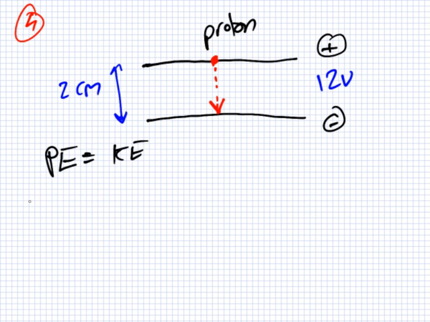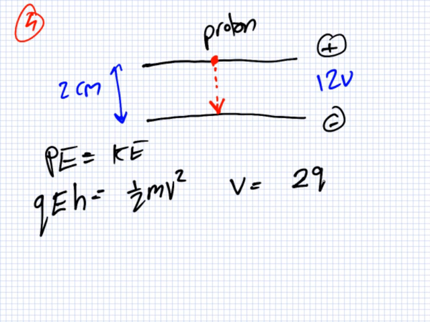So QEH equals a half mv squared. So that means v equals the square root of 2QEH over m.